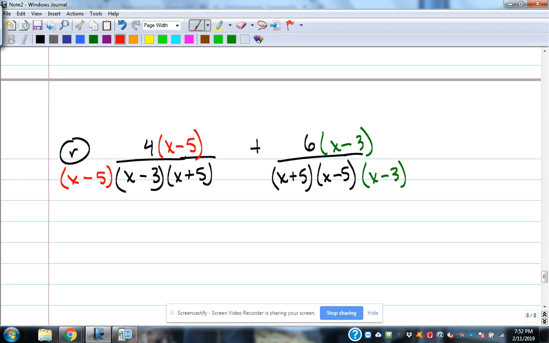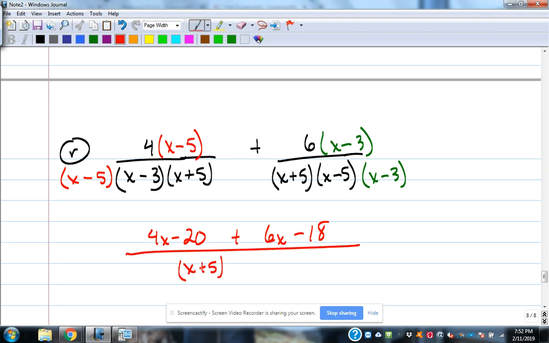Now, next thing to do is multiply out the tops. So that'd be 4x minus 20 plus 6x minus 18. All of that is over that common denominator, x plus 5, x minus 5, x minus 3. And then put the like terms together.